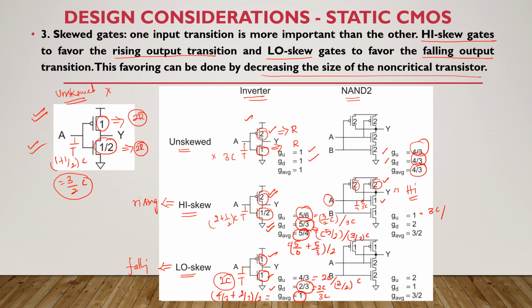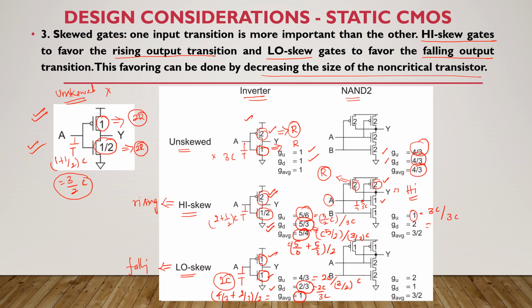Always we have to compare with the inverter. The inverter is the reference. So you compare with this inverter because it has the resistance of R, and it also produces the contributing resistance of R. So I have to consider this inverter. The input capacitance is 3C. So 3C by 3C, you will be getting 1.